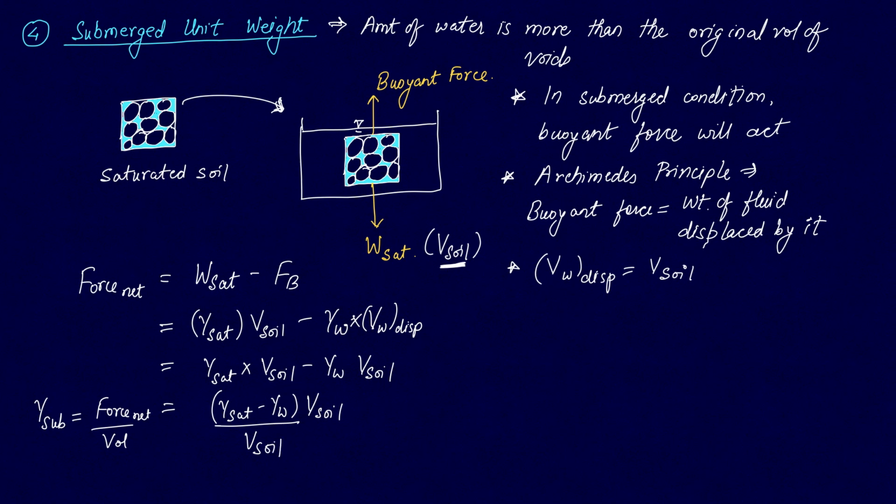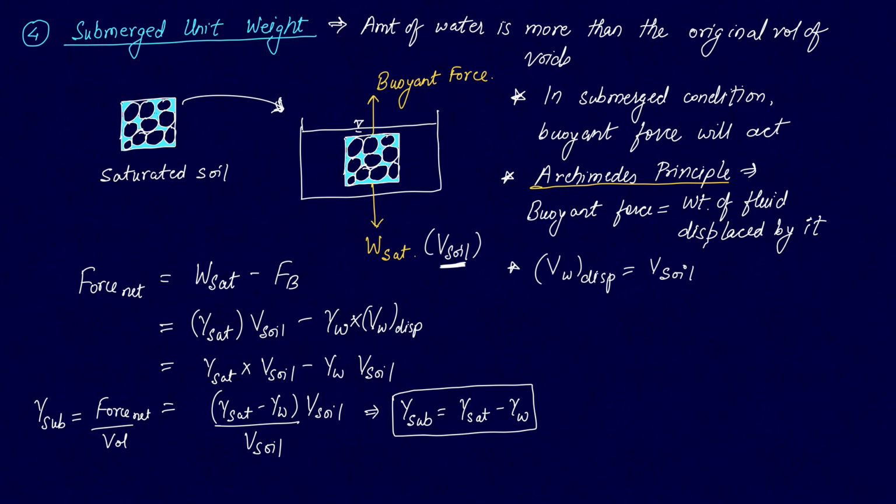Divided by volume of soil, this gives the equation for gamma submerged as gamma saturated minus gamma W. This is the formula that you should remember, and it is derived on the basis of Archimedes principle. The buoyant force is the additional force if we compare the submerged and the saturated state of the soil.